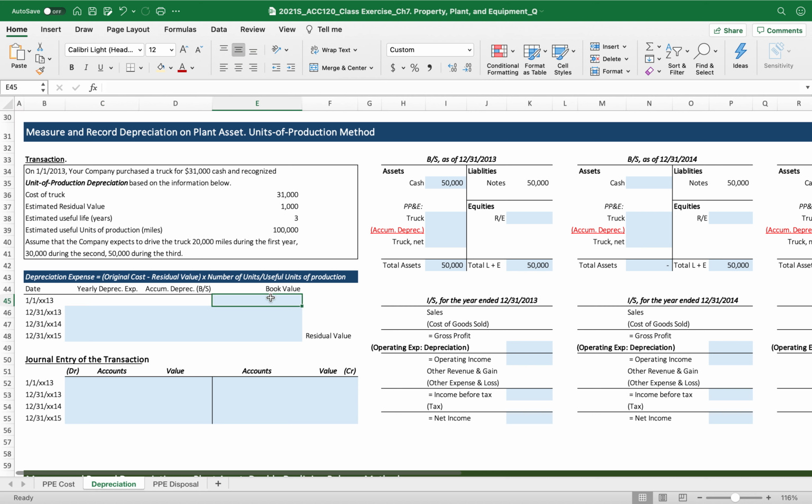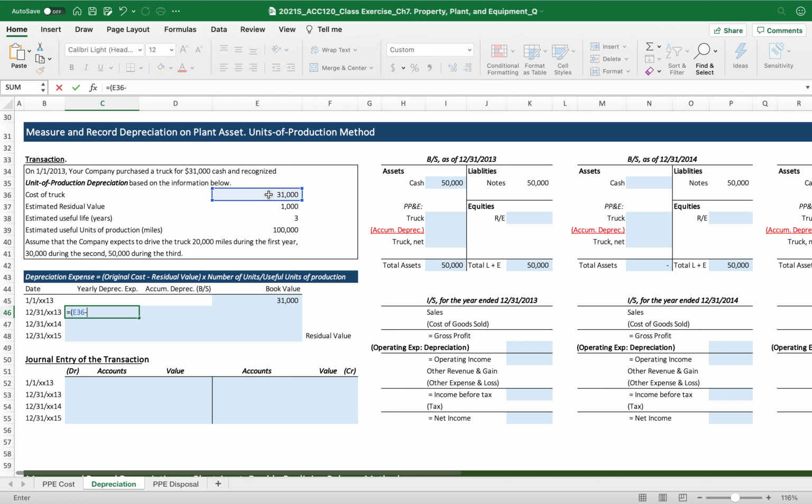So the same procedure. The book value when the company purchased this truck is $31,000, and then yearly depreciation: the original cost of 31,000 minus the estimated residual value of $1,000, times 20,000 miles divided by 100,000 miles, the total estimated units in miles.